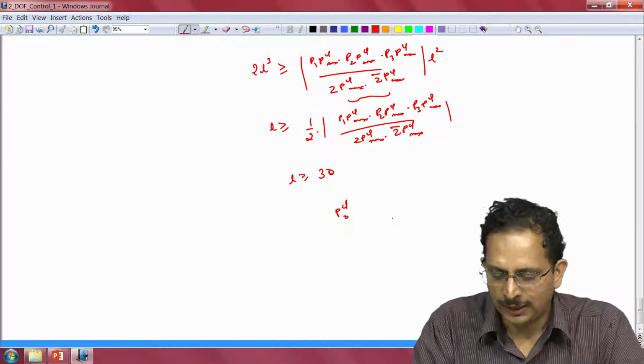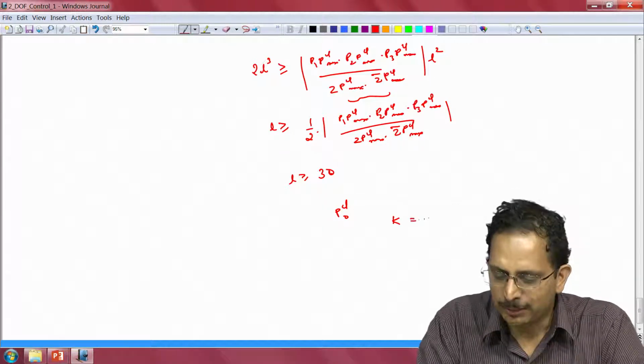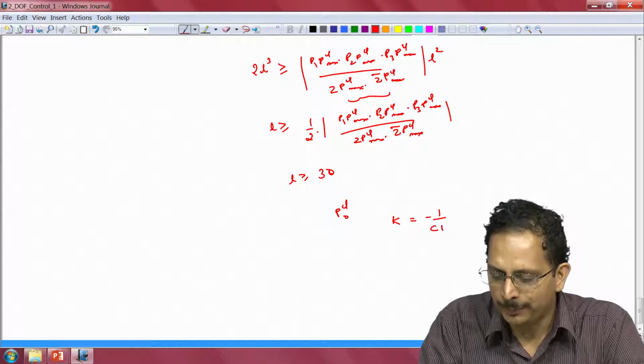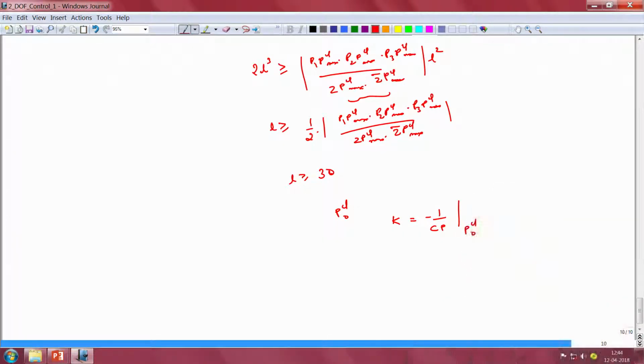We know that our overall open loop gain K is given by minus 1 by Cp evaluated at the point PCL0. Since we have now determined the structure of our controller C, we know that our controller has 2 poles and 2 zeros. So it is going to be of the form (S plus Z) times (S plus Z bar) divided by (S plus P4) the square.